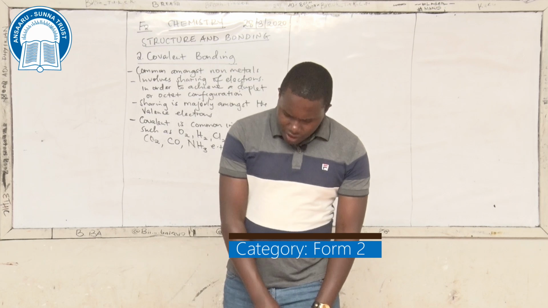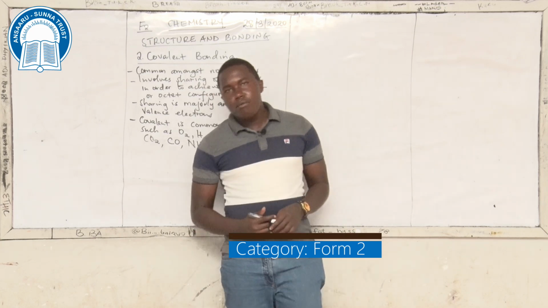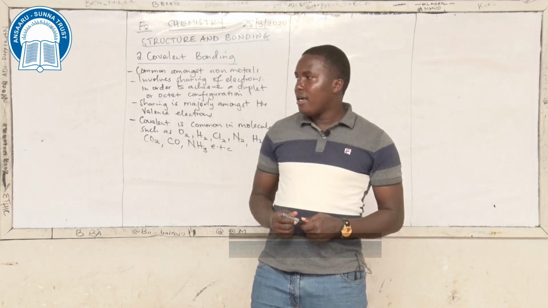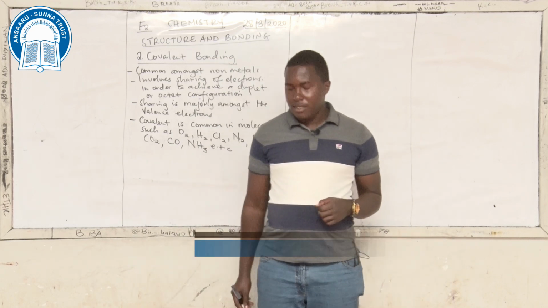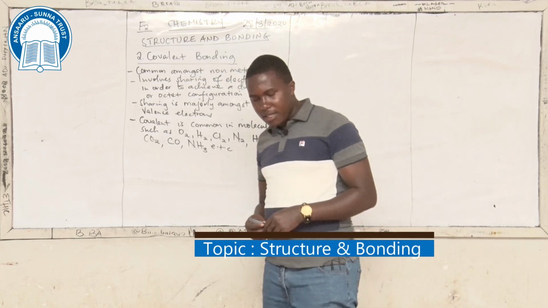So we want to look at how you draw some of the covalent structures that are formed especially in the molecules that I have stated there.